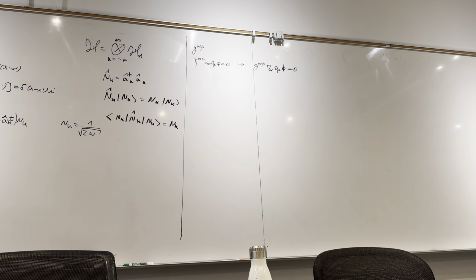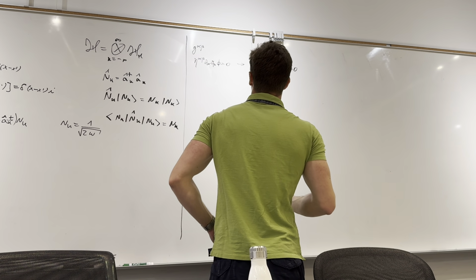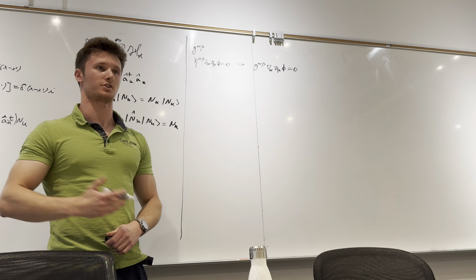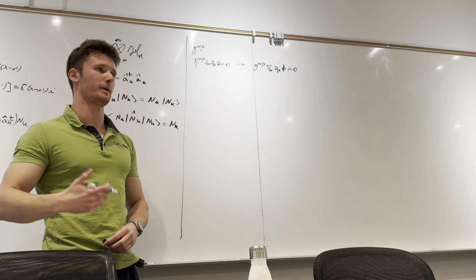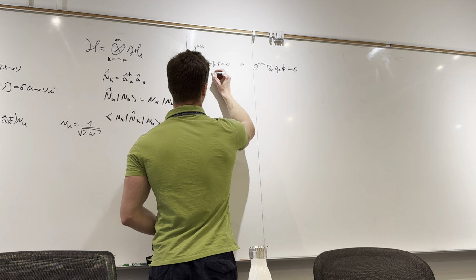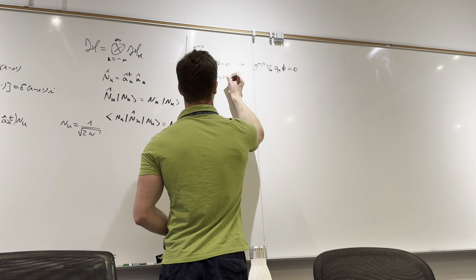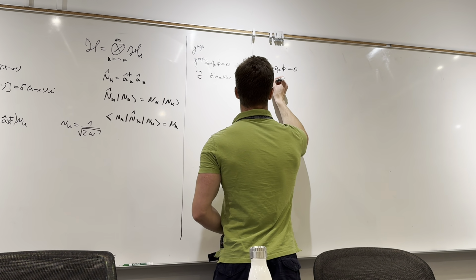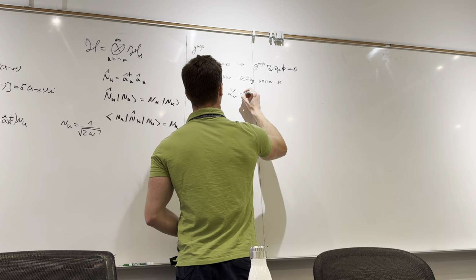The reasoning behind this, then, is that I can still do this if I have a time translation symmetry in my spacetime. So my spacetime is stationary. So there exists basically a time-like Killing vector, which satisfies the Killing equation.